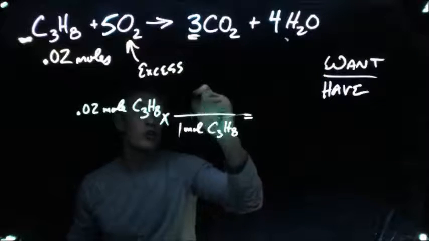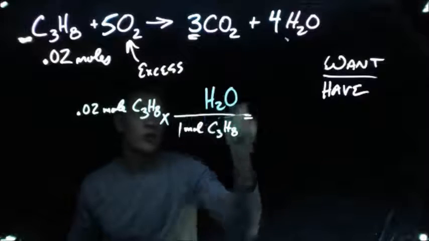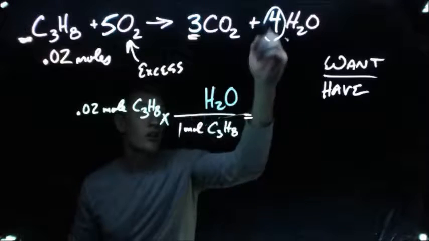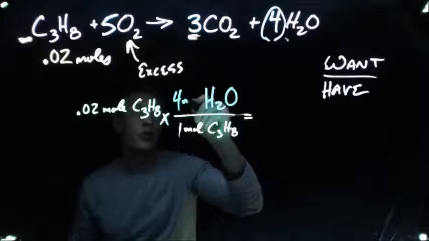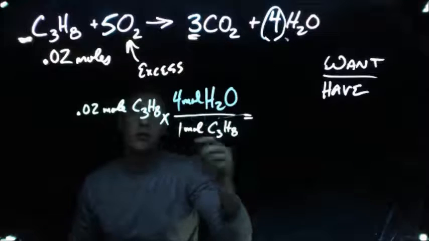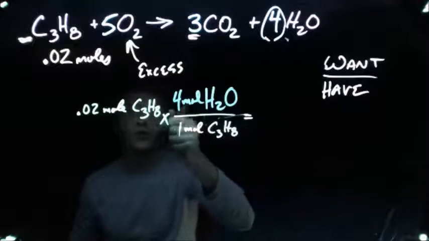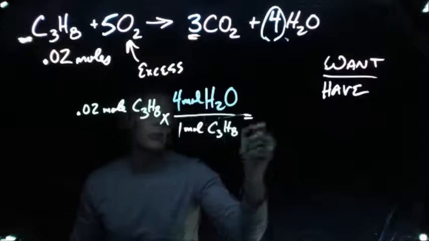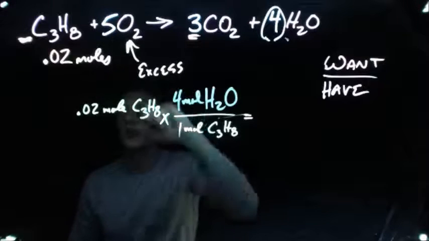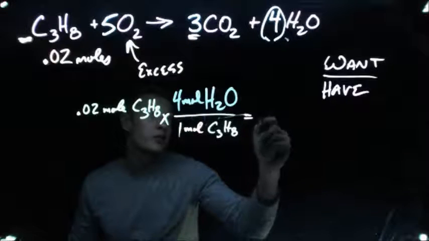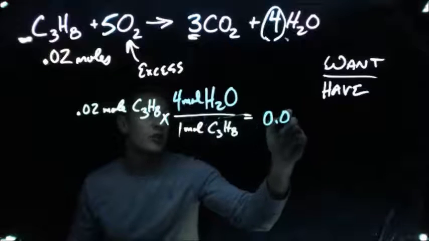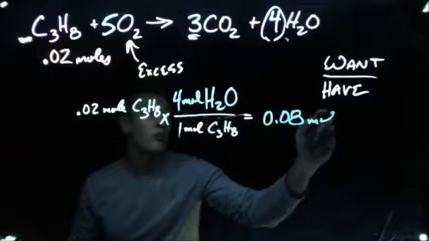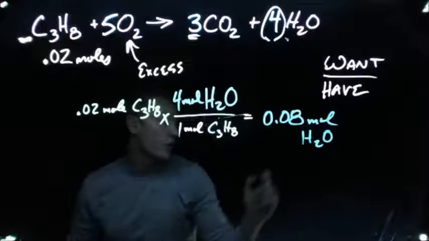So it's going to be water on the top of the ratio, and what number should go there? This number. So it's going to be 4 moles of water for every 1 mole of propane, and 4 over 1 times 0.02. So when I combust 0.02 moles of propane in the presence of excess oxygen, I'm going to make 0.08 moles of water vapor.